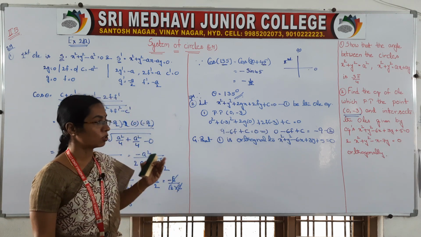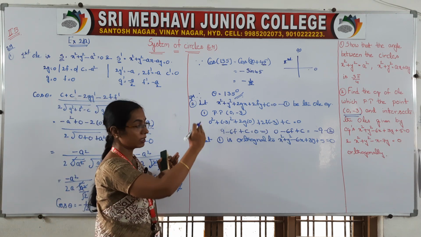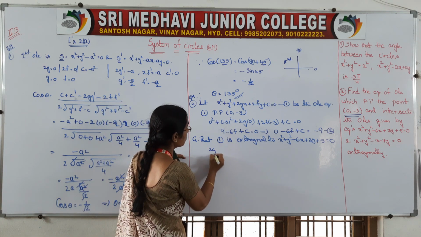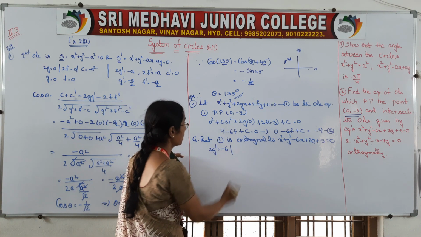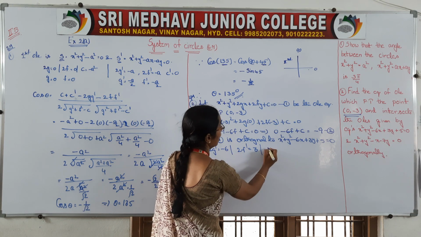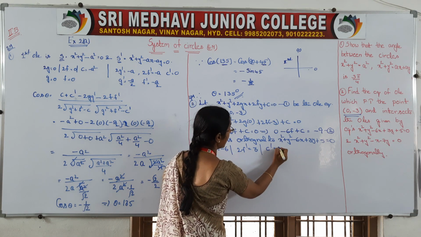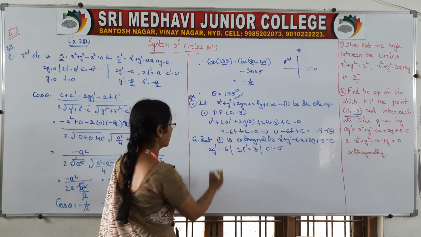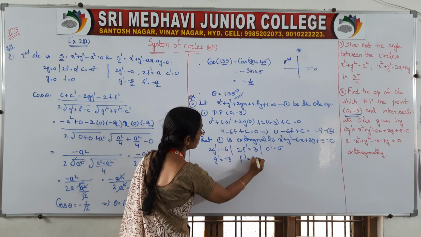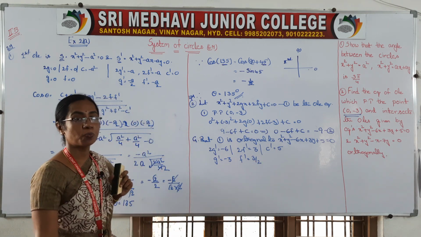Whenever a circle is orthogonal, we have to compare this circle with S dash is equal to 0. So 2g dash is equal to minus 6, 2f dash is equal to 3, and c dash is equal to 5. So g dash is equal to minus 3, f dash is equal to 3 by 2.